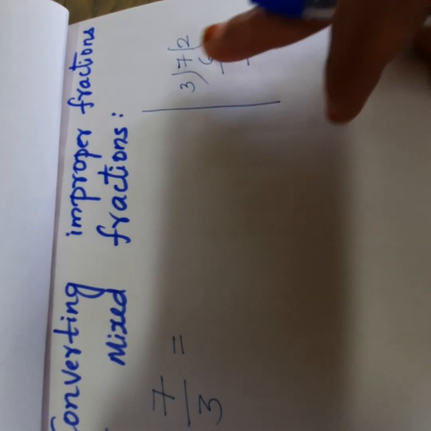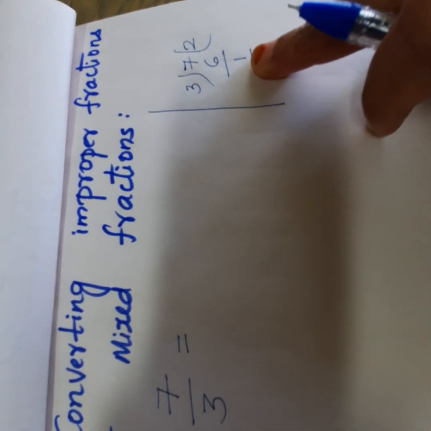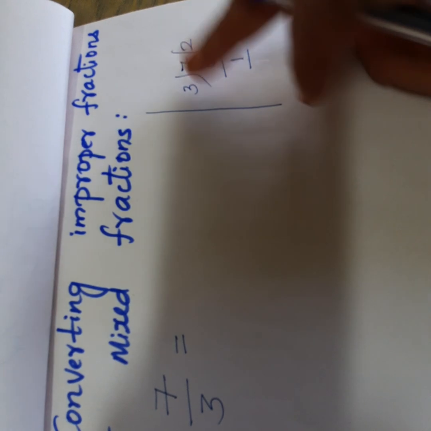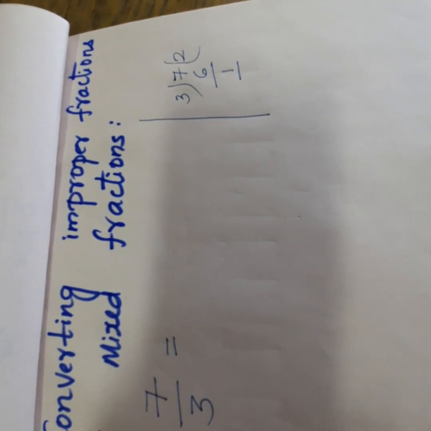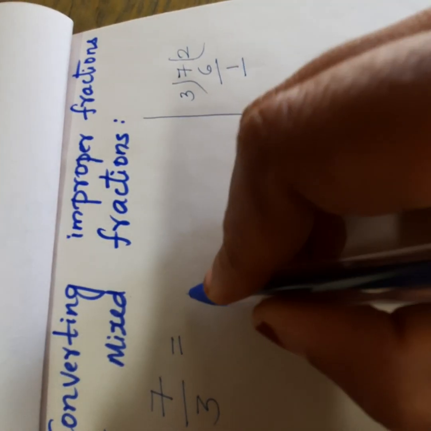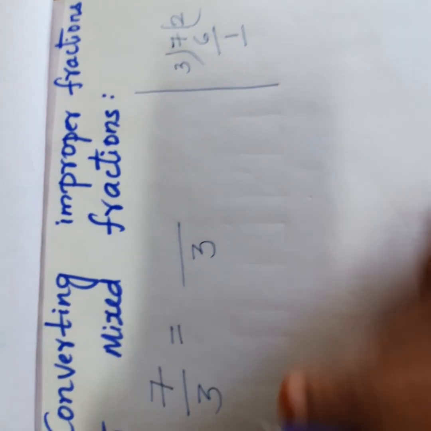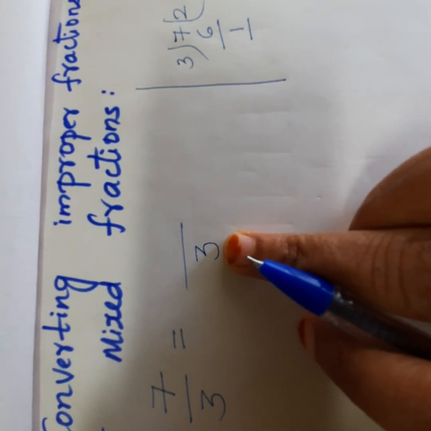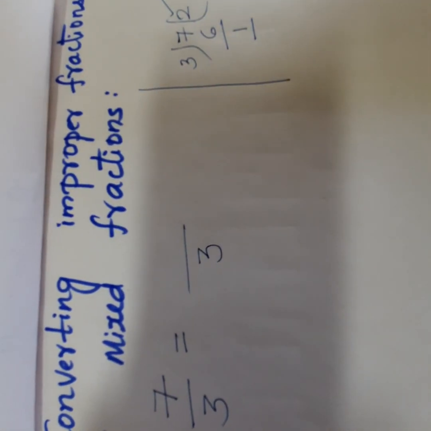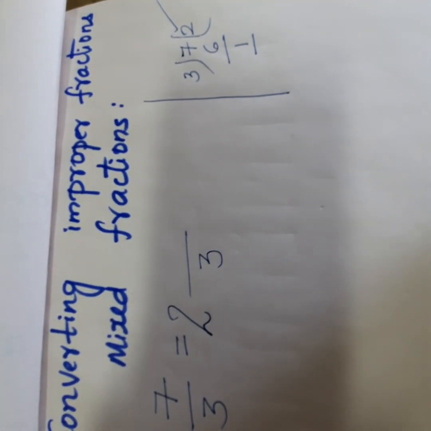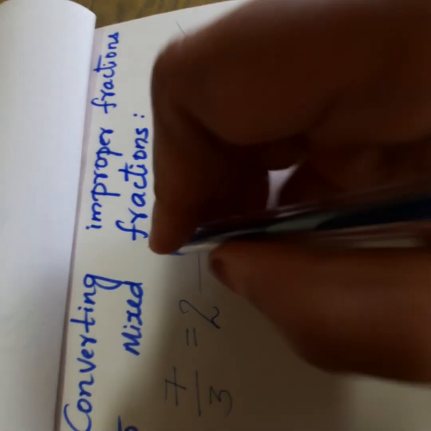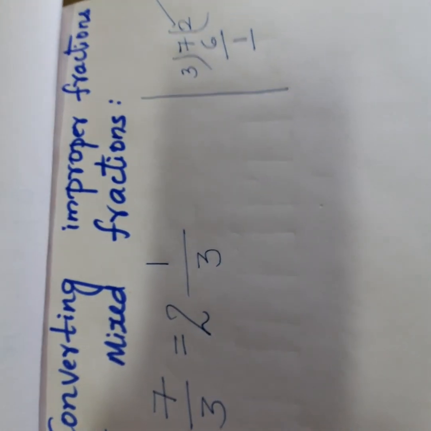Now we have got 3 numbers here: the remainder, the quotient and the divisor. What do we have to do now? The denominator 3 will remain the same. Now we have got 2 wholes, so the whole number will come here, and one part is left, that will come here as the numerator.